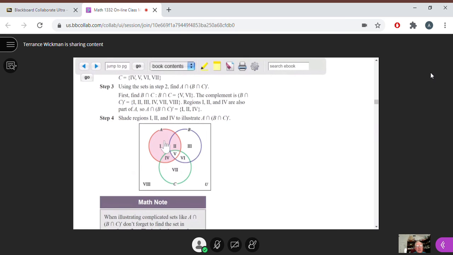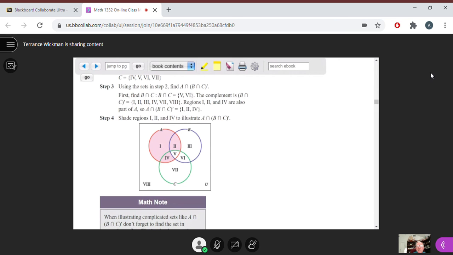Now look at shaded 4. You have the intersection of A, and in math, you've got to do the parentheses first. So you have B intersection C, but not that. A intersection of everything that answers the open parentheses B, but not C, and not that.